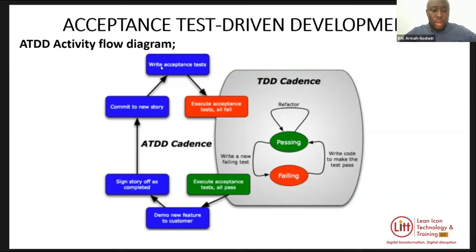So when acceptance tests are written and reviewed by somebody, they initially get executed and they will fail because there's no code behind it. The code is then written, and gets executed again. That is the acceptance test. And then the code gets reviewed or is demoed.